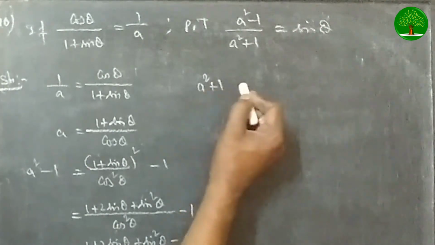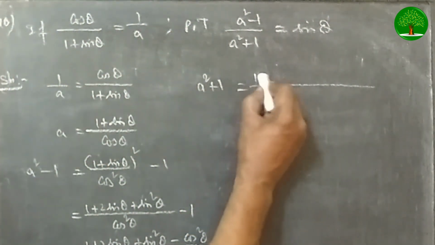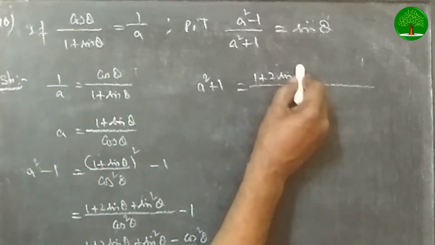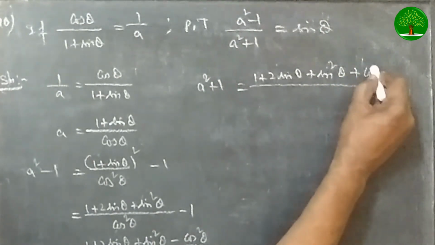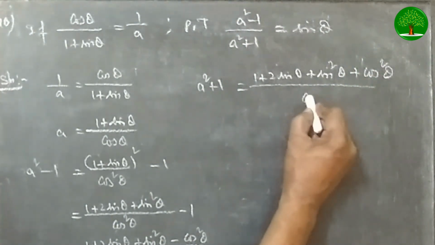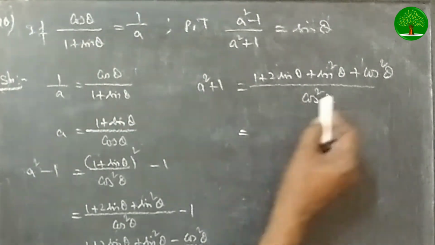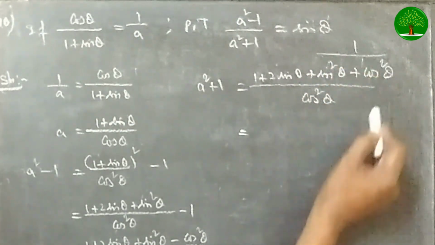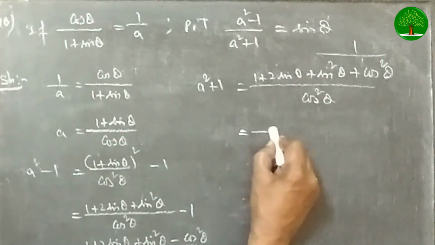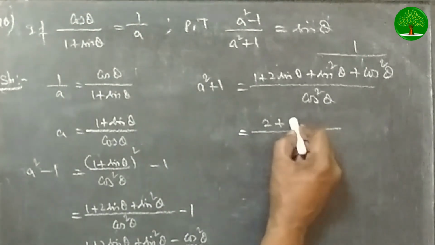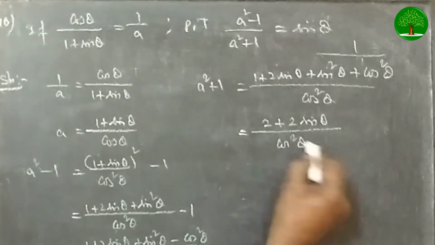a square plus 1 is equal to 1 plus 2 sin theta plus sin square theta plus cos square theta by cos square theta. This equals how much? 1. Therefore 1 plus 1, 2. This is 2 plus 2 sin theta by cos square theta.